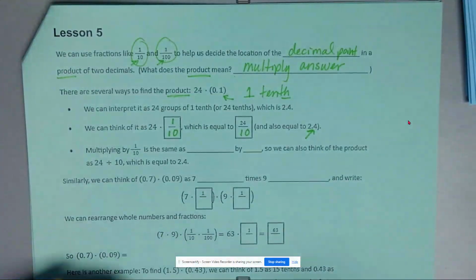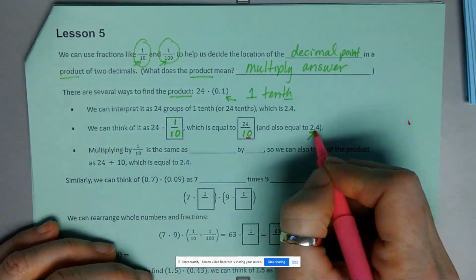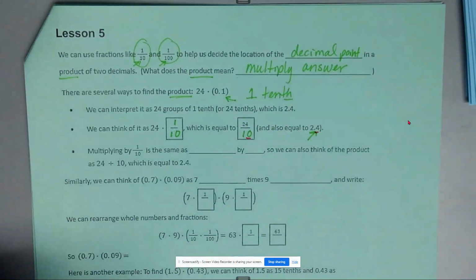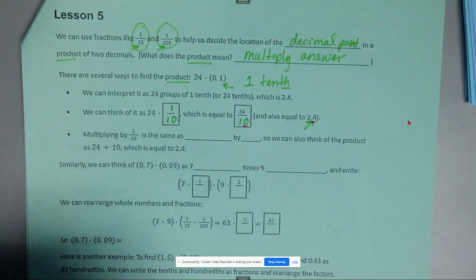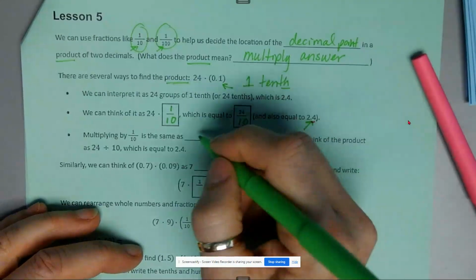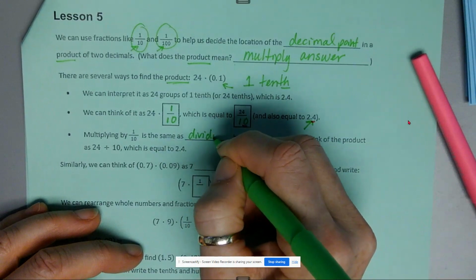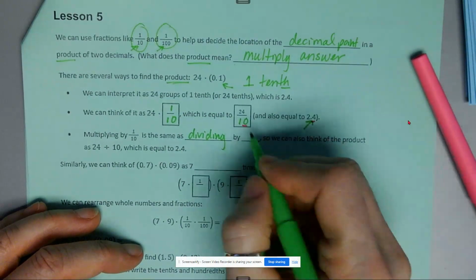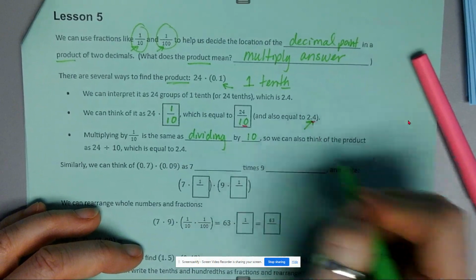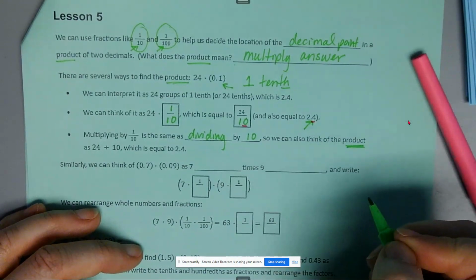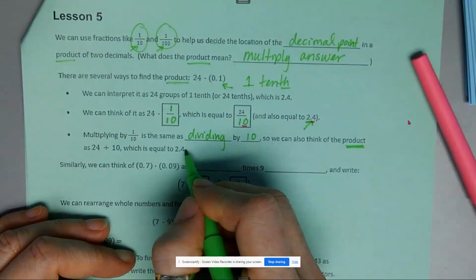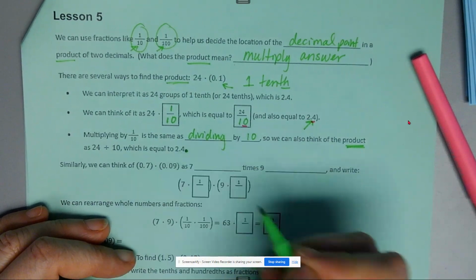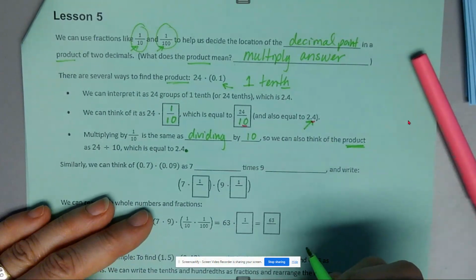The thing that I notice, and I say with my students a lot, is if there's 1 zero, you have one decimal place value. We've also learned earlier in the year that multiplying by 1/10 is the same as dividing by 10. So we can think of the product, our multiply answer, as 24 divided by 10, which is another way to say 2 and 4 tenths. Remember, this is just a period at the end of a sentence. It's very confusing for some kids.